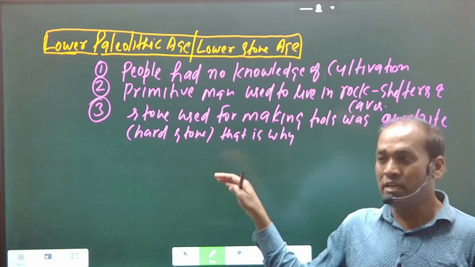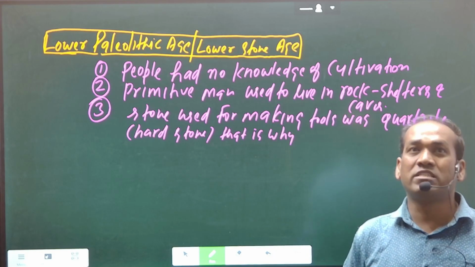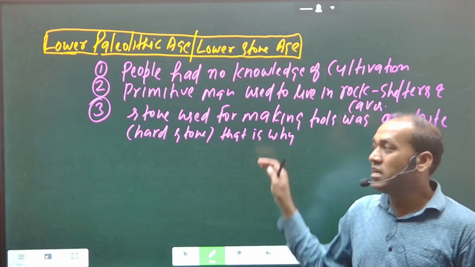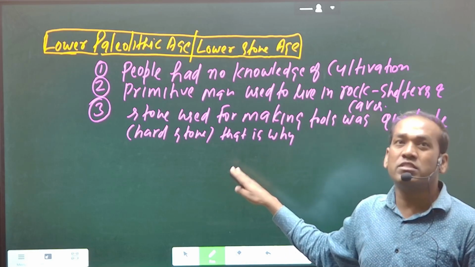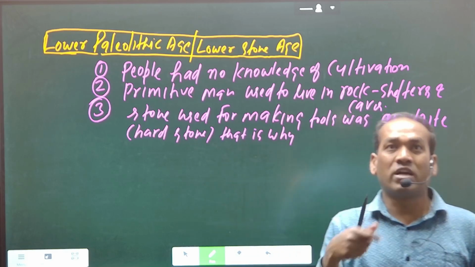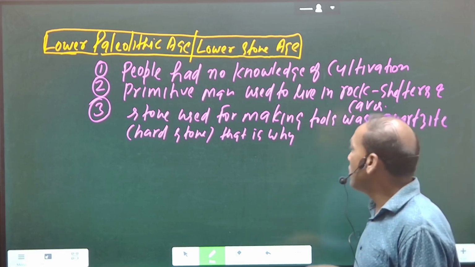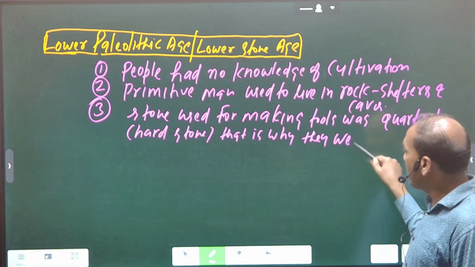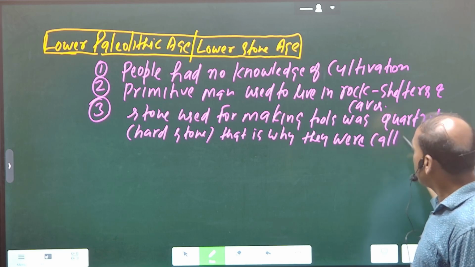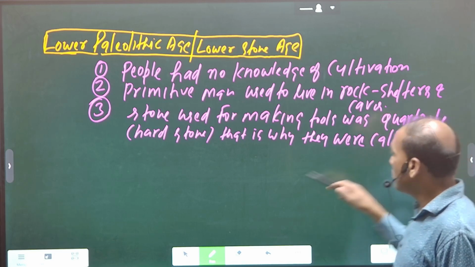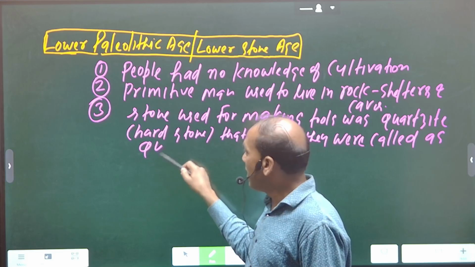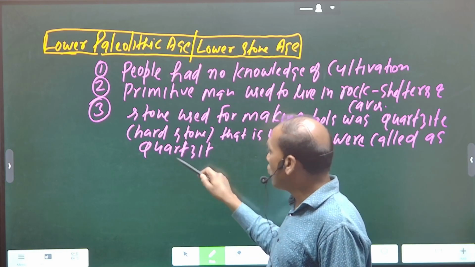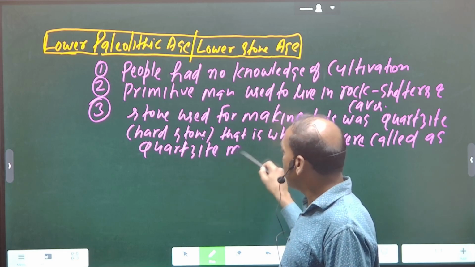That is why these people were called as quartzite man. So sometimes UPSC asks questions that among all the options who were called as quartzite man. Okay, so that is why they were called as quartzite man.